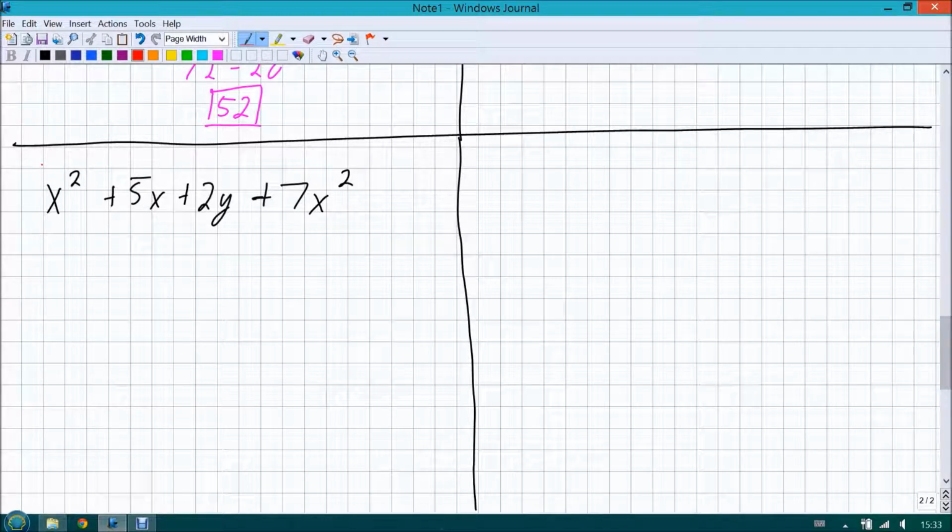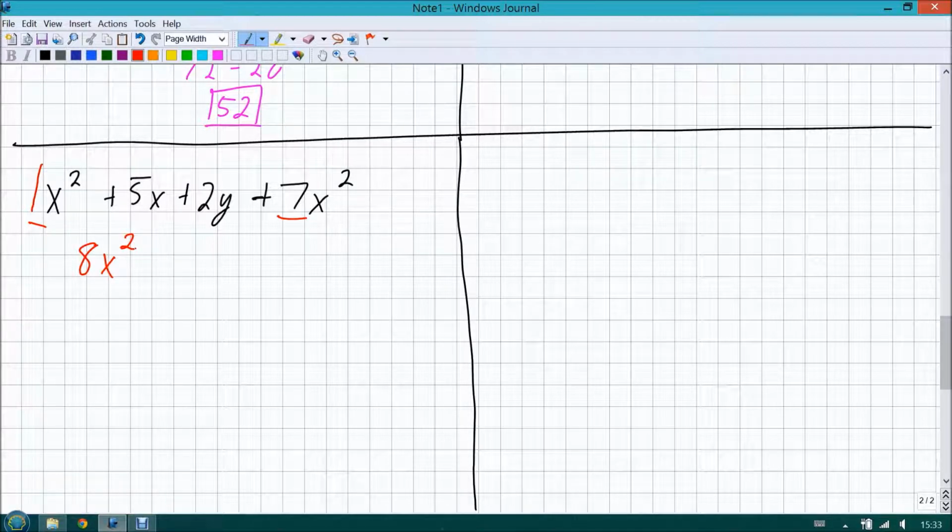Now when we combine them and we don't see anything in front, we can think of it as an invisible 1, because a 1 is super thin, and if it was to turn onto its side, it would become invisible. So we can say that there's a 1 in front of the x squared, and there's a 7 in front of the x squared. So we go 7 plus 1 gives us 8. So we have 8x squared.